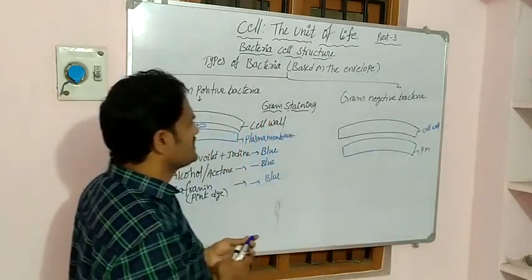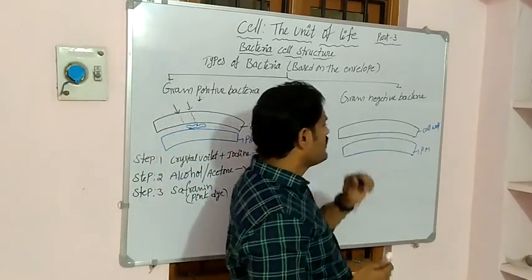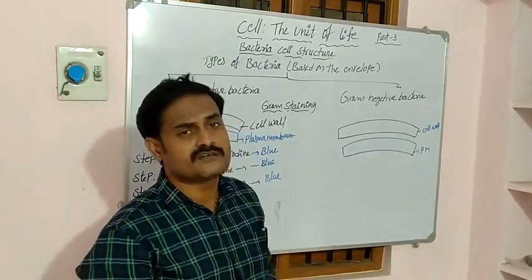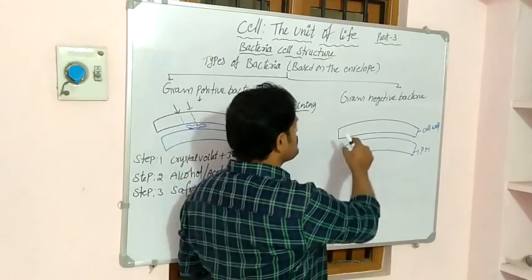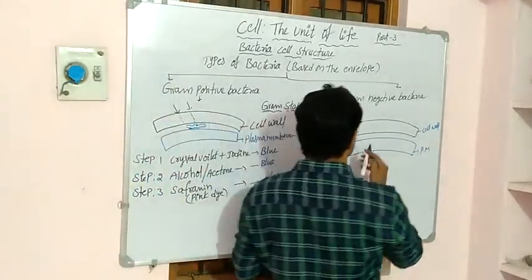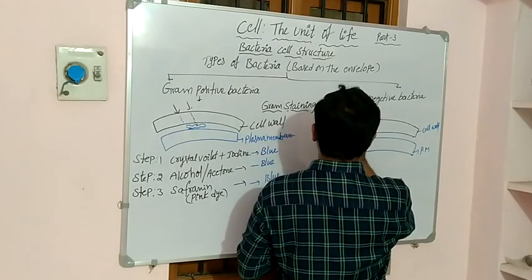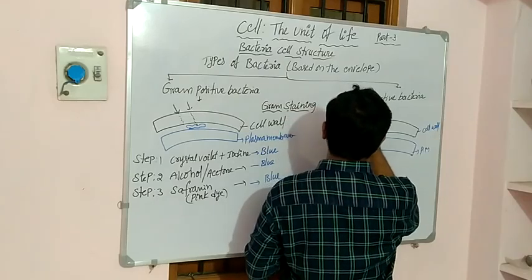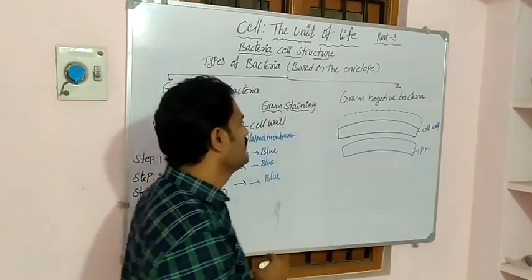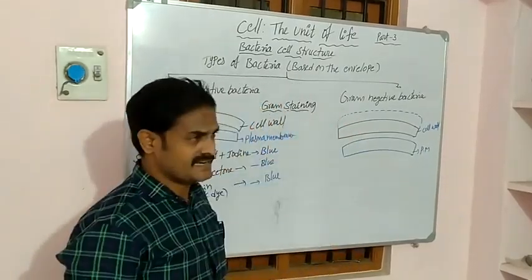So here one specialization is there. In some bacteria, the cell wall is not a single membrane. Some portion of the cell wall is made up of some other material. See here, this is some portion of the cell wall. This is also cell wall. These two membranes together we call a cell wall.